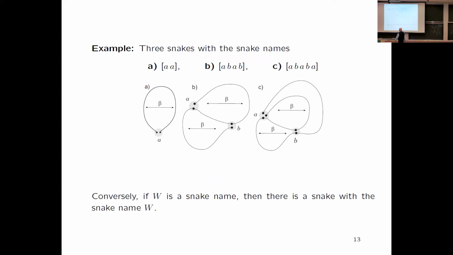So this is the simplest, a bubble, which has name AA. The next simplest is ABAB, and this one is ABABA.